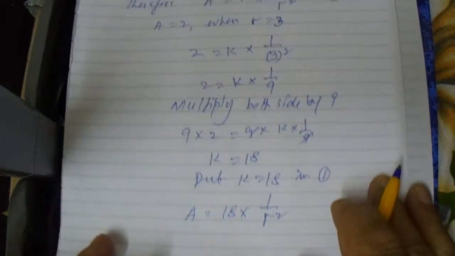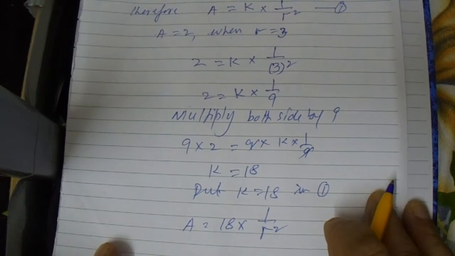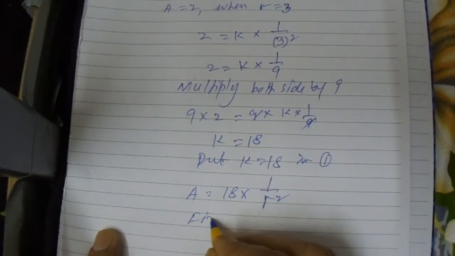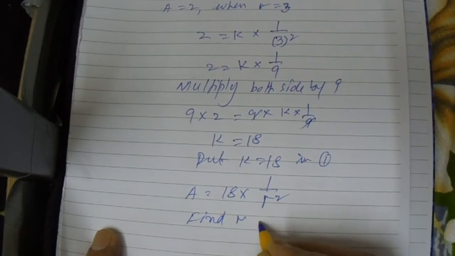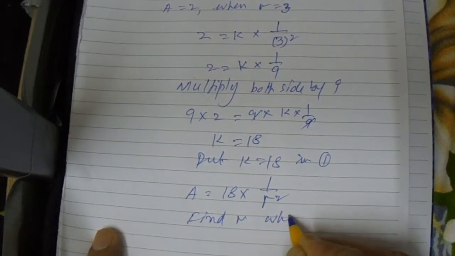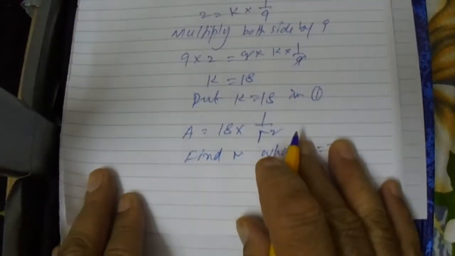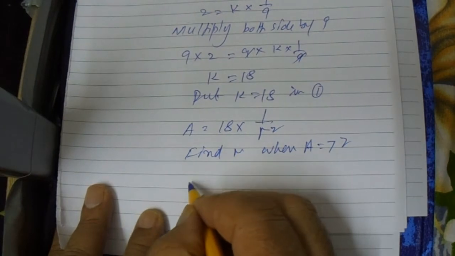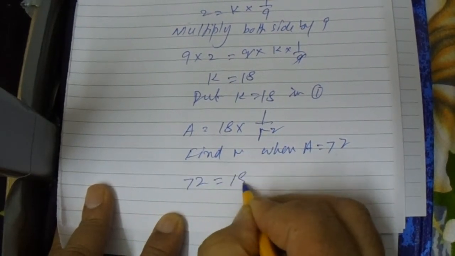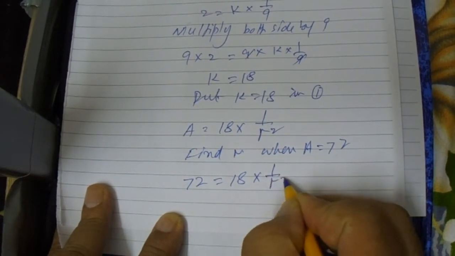Now the second part of this question: find r when a is equal to 72. We put this value here. 72 is equal to 18 multiplied by 1 over r squared.